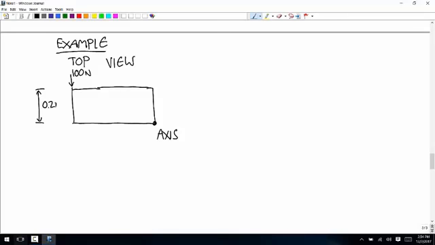This length is 0.2 meters. This length is 0.4 meters. And the mass is 10 kilograms. What's the angular acceleration?